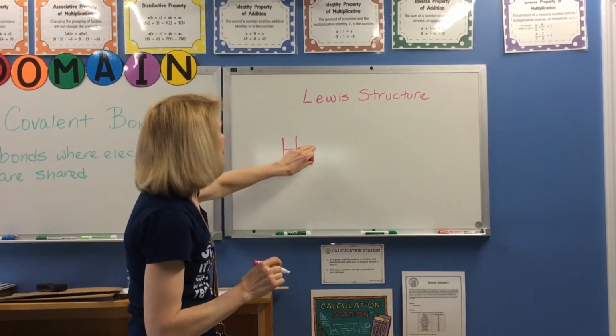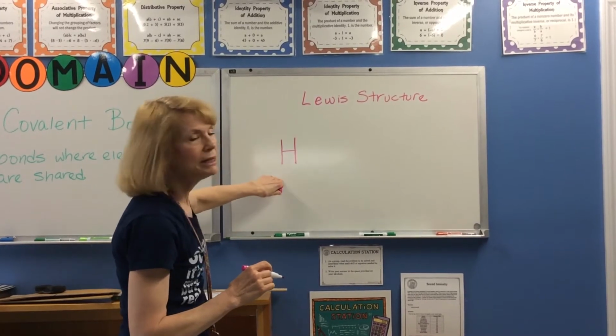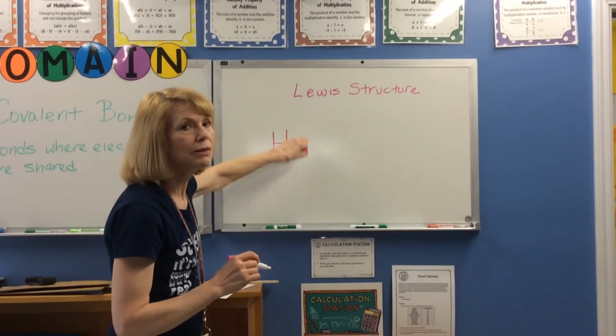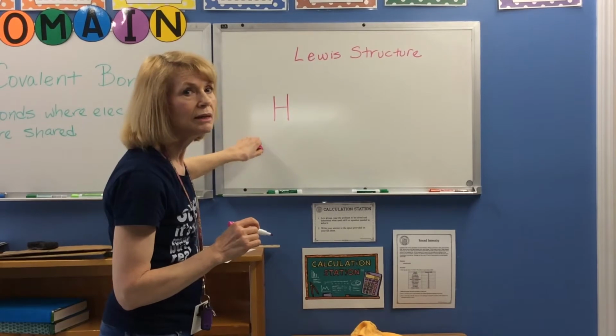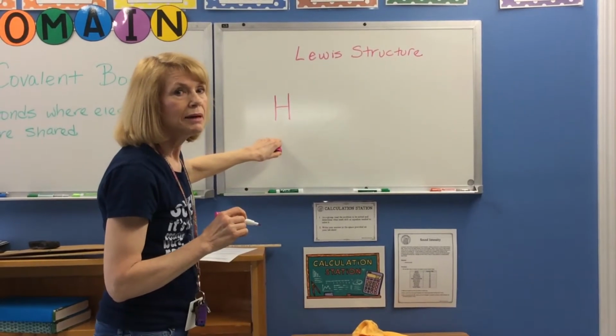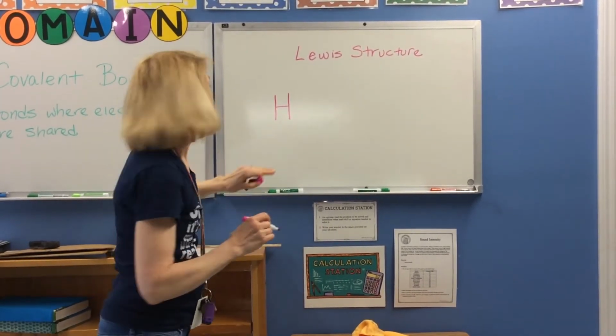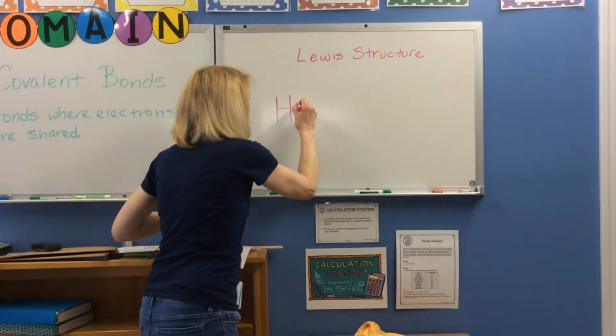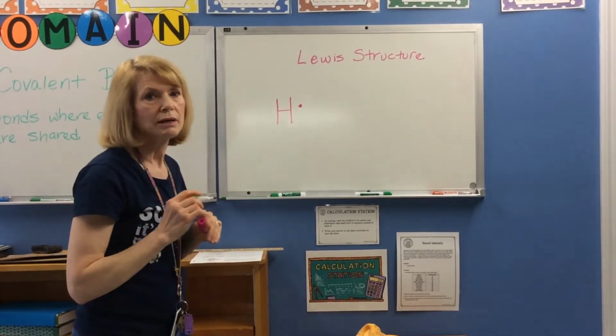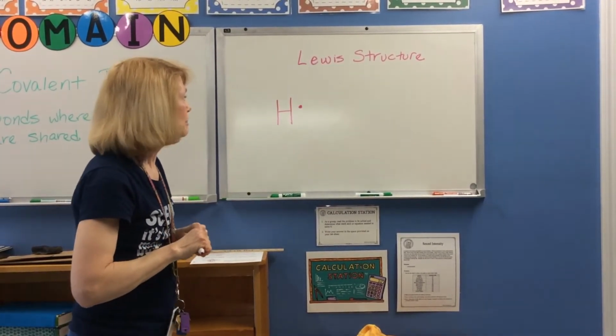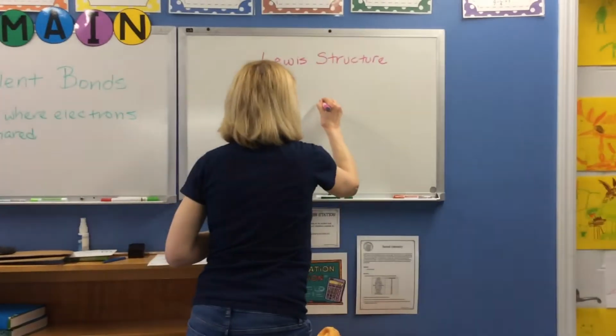So what you do, we did this in class once, is you're going to pair those electrons around the element symbol. So that's hydrogen's electron, okay? And I'm going to draw oxygen.